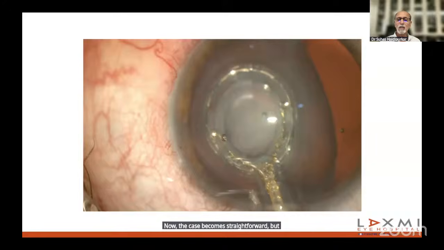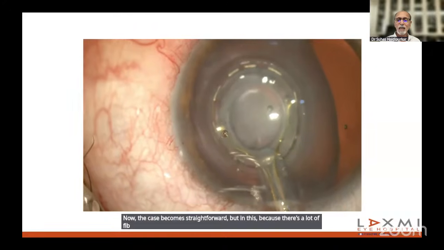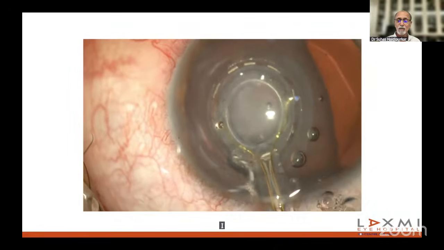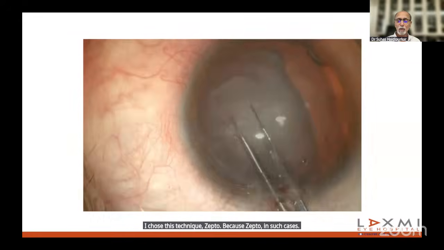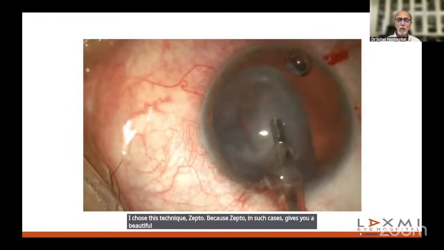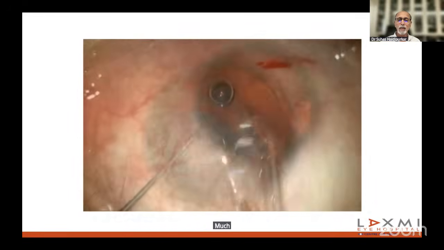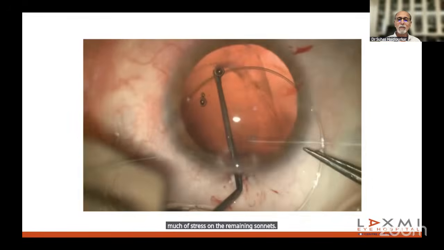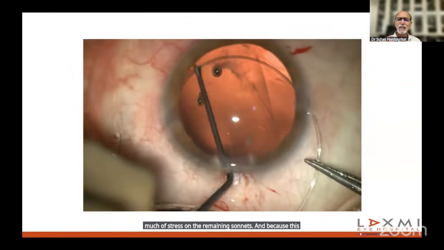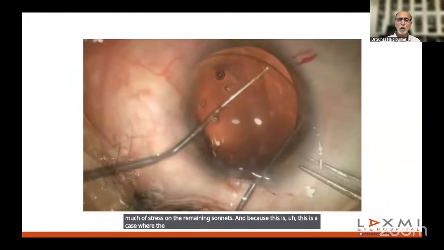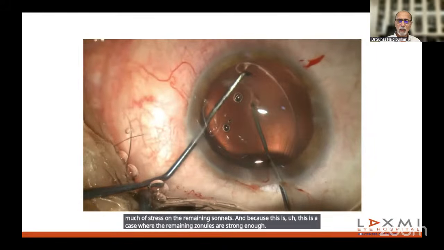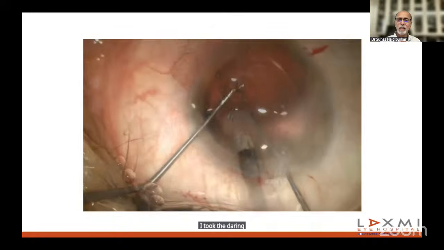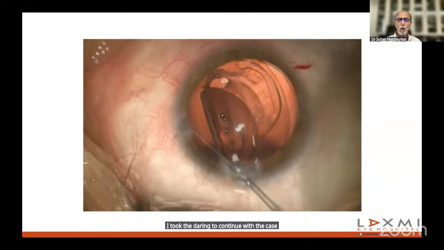But in this, because there's a lot of fibrosis, I chose this technique, Zepto, because Zepto, in such cases, gives you a beautiful rhexis without much stress on the remaining zonules. And because this is a case where the remaining zonules are strong enough, I took the daring to continue with the case even without the use of hooks.